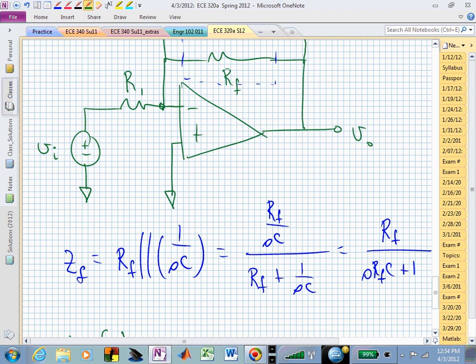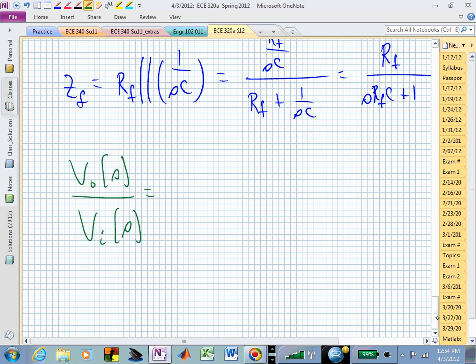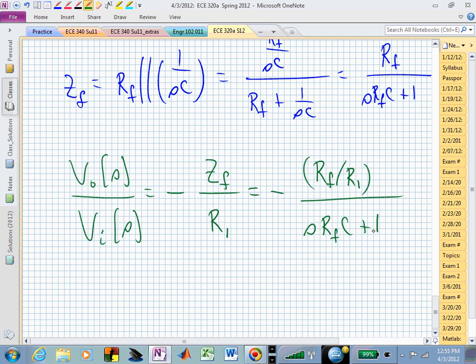Here's our feedback impedance, Z sub F, and our input impedance was just R sub 1. And if we divide that R sub 1 into, let's say, the numerator of our Z sub F, we have R sub F over R sub 1 as a number, over S R sub F C plus 1.